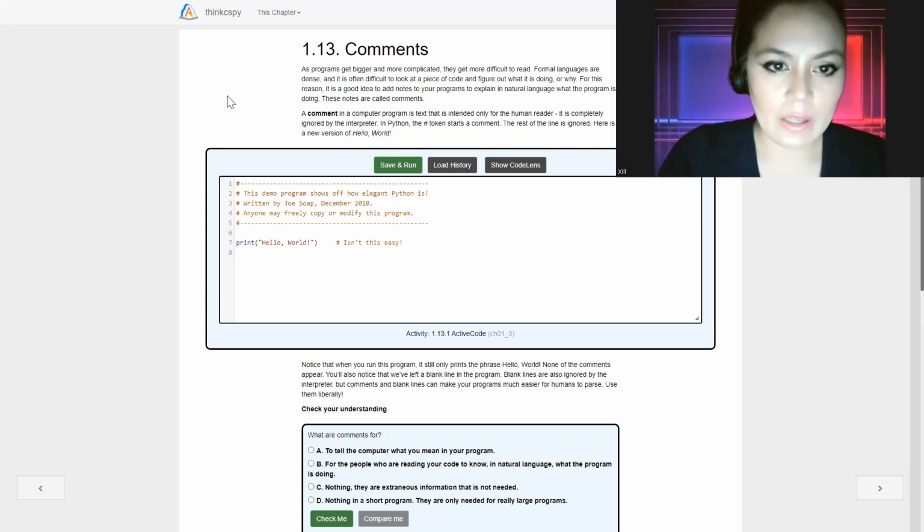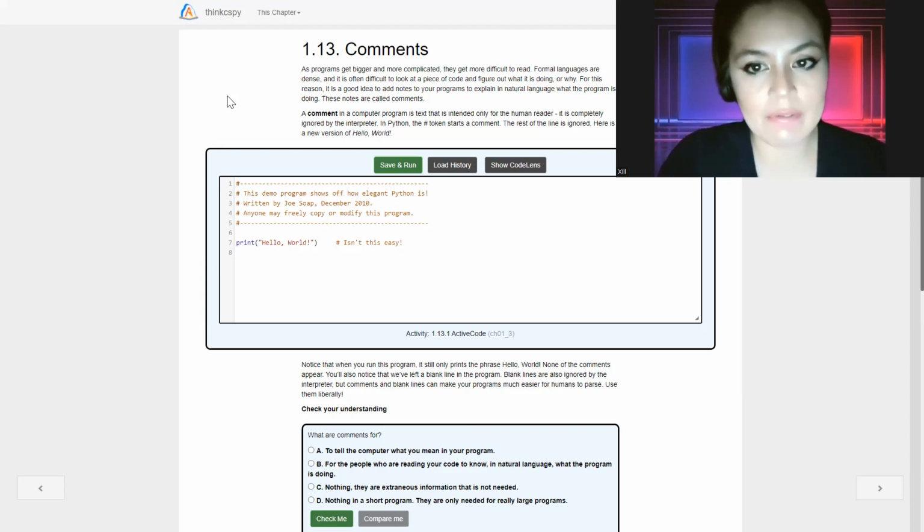So that entire word and the value of those 4 characters in that sequence is condensed into one symbol. So it's often difficult to look at a piece of code and figure out what it is doing or why.